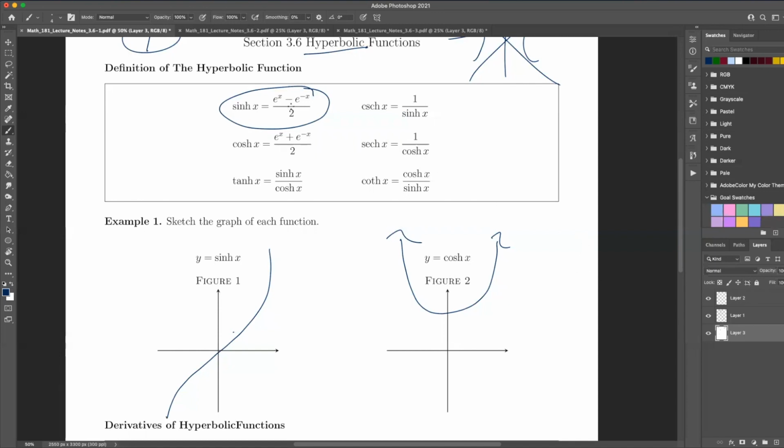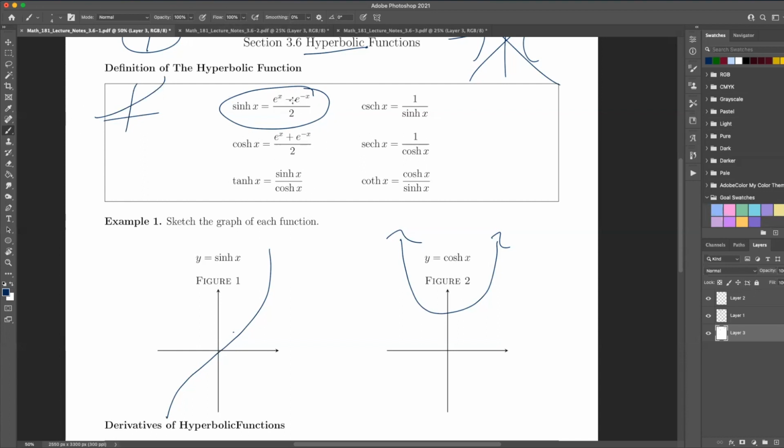And notice from the formula that hyperbolic sine, if x is positive, well, e to anything is positive, right? We established that, because there's the graph.